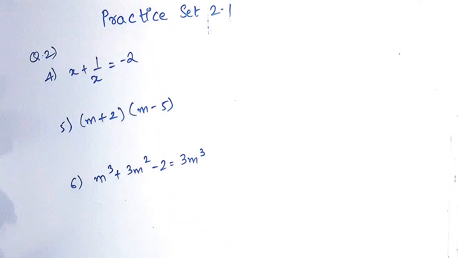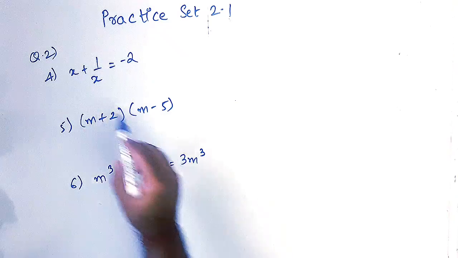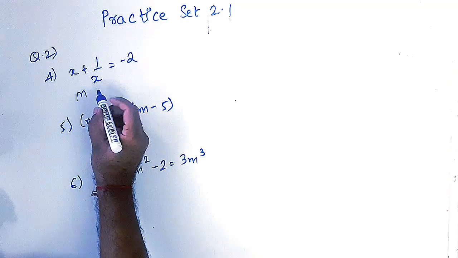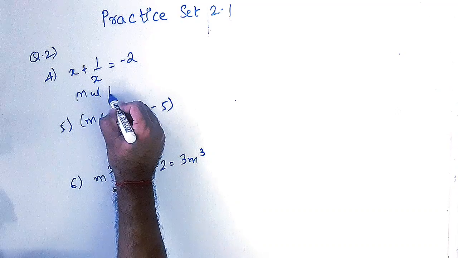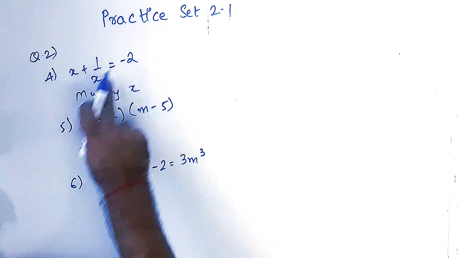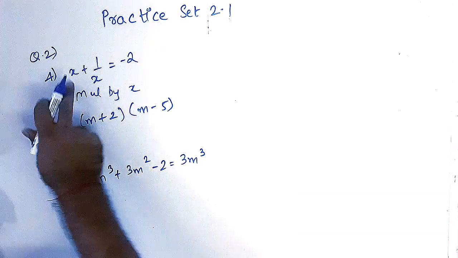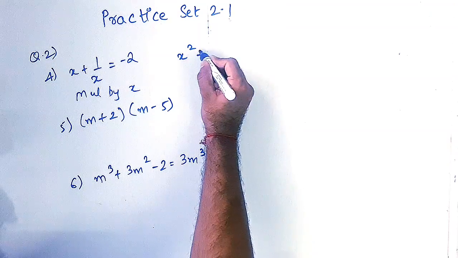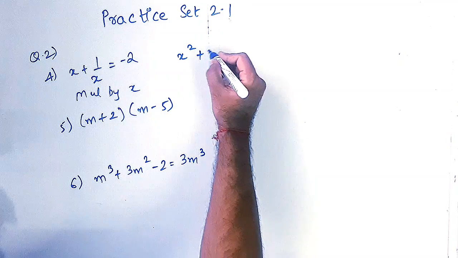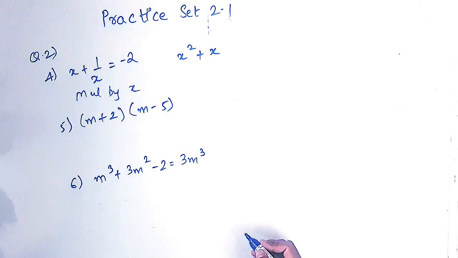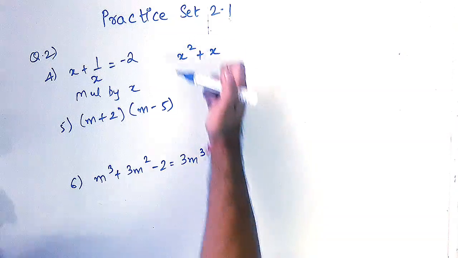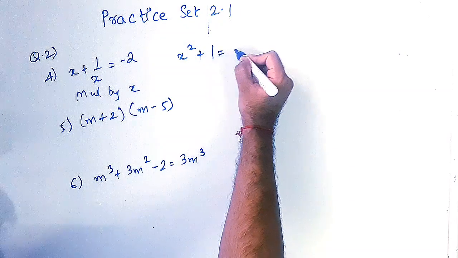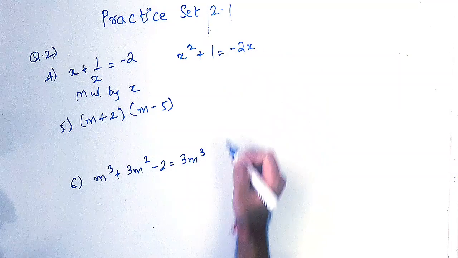Then we'll move on to the fourth one, which says x plus 1 upon x is equal to minus 2. I don't want x in the denominator, so what will I do? I'll multiply the whole equation by x. So this will become x square plus 1 upon x into x, which will become 1 as x will get cancelled, and this will become minus 2x.